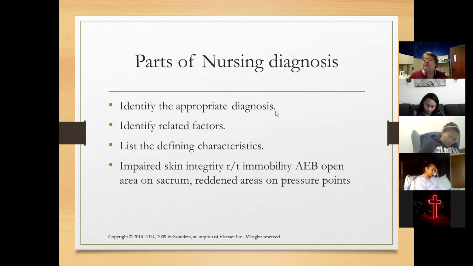There are a lot of different things this can be related to. You have to determine what it's related to. So a proper nursing diagnosis would be impaired skin integrity related to immobility as evidenced by open areas on the sacrum, reddened areas on pressure points, and whatever else you got in your assessment. These are your signs and symptoms.